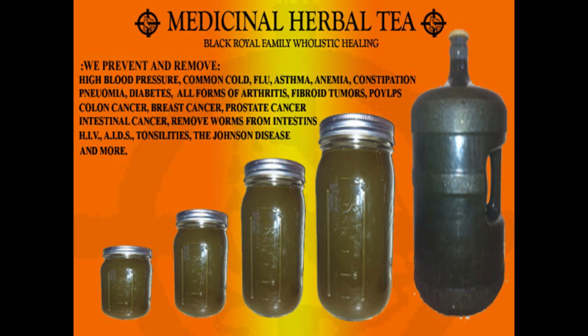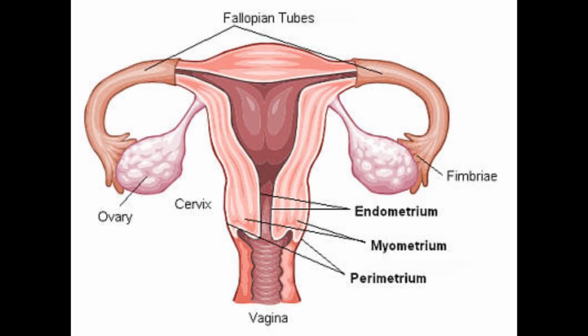The medicinal herbal tea is high in iron, which iron is responsible for transporting oxygen. So once the iron from the medicinal herbal tea reaches the arteries and veins located in the female reproductive system, it will begin to supply the uterus with oxygen and enriched blood, being iron, maintaining moisture between the endometrium, myometrium, and perimetrium, maintaining oxygen to keep the mucous membrane along the lining of the uterus, cervix, and vagina from dehydrating, in return making the mucous membrane vulnerable for infection.